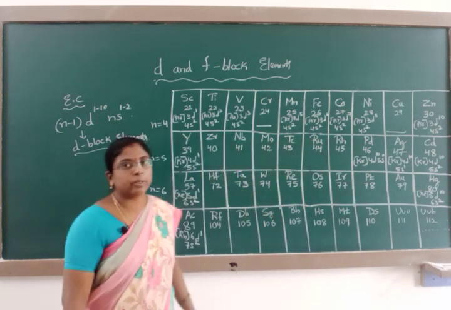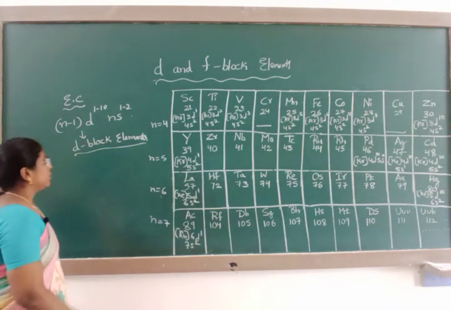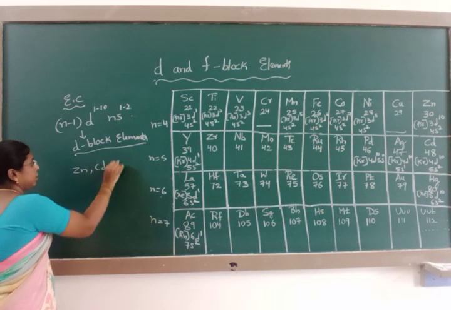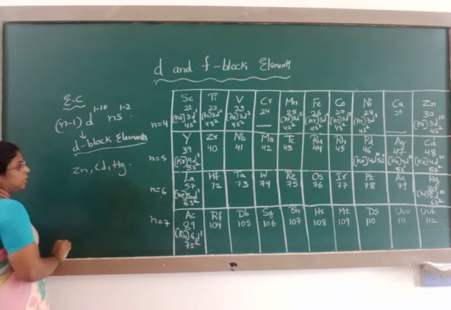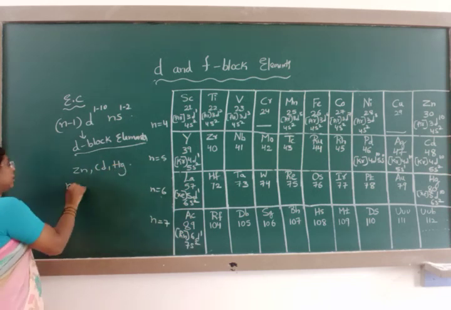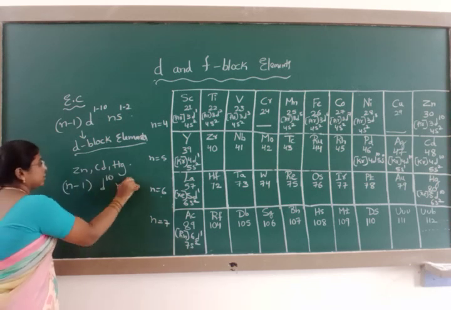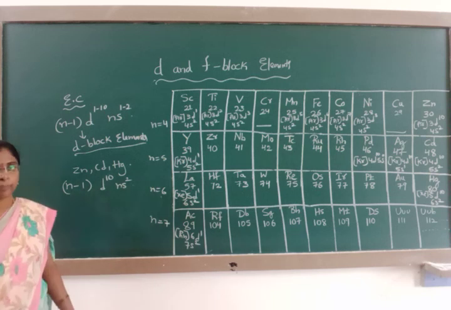The electronic configuration of these pseudo transition elements zinc, cadmium as well as mercury is (n-1)d10 ns2.